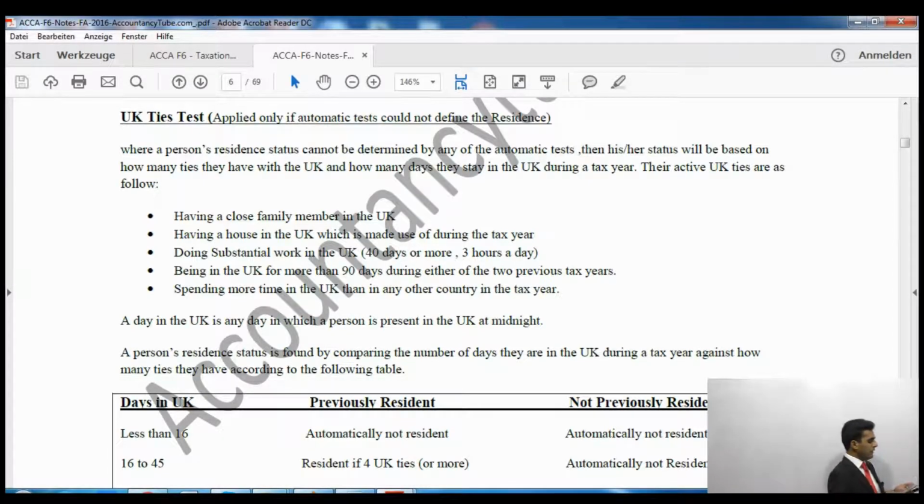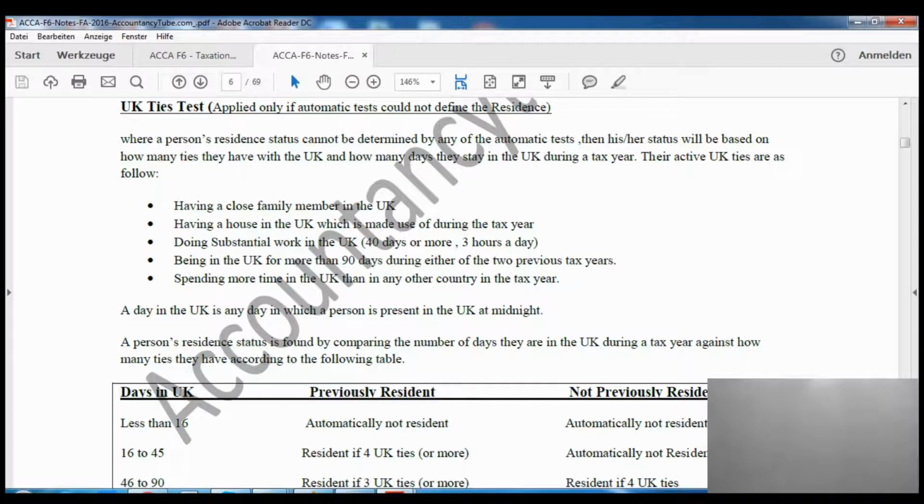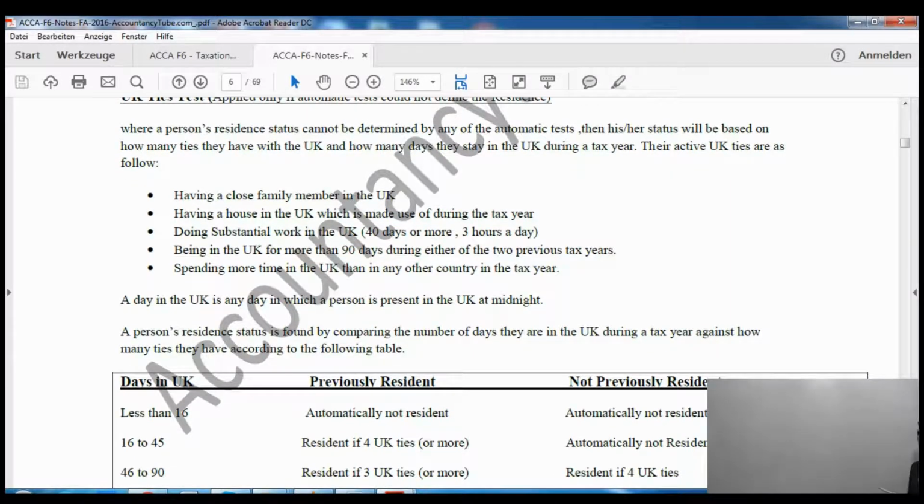Yes, there are. Now there is another test which is known as the sufficient ties test or UK ties test, sometimes known as the sufficient ties test. Now anyone who does not come under the automatic UK resident test and the automatic non-UK resident test, anyone who does not fall in either of these criteria, will have to see the UK ties test.